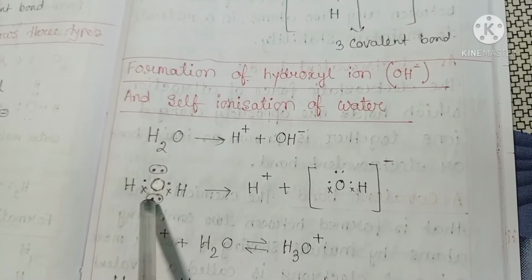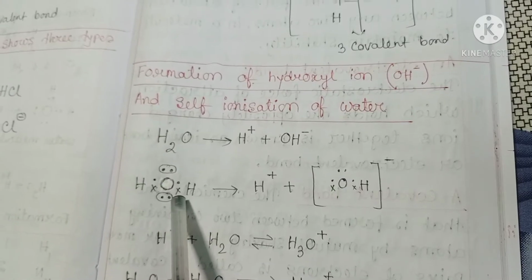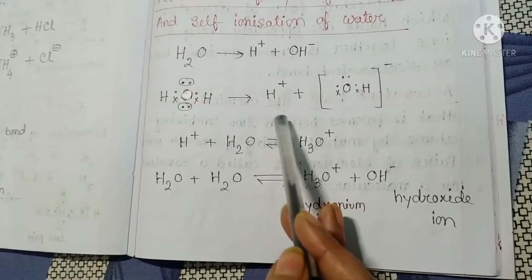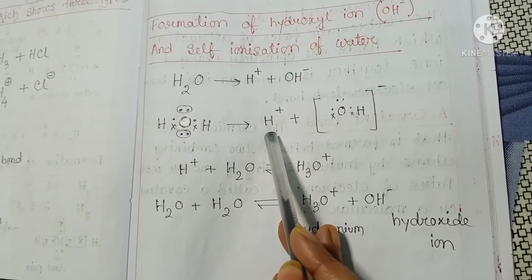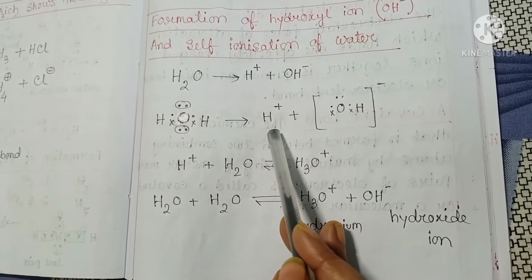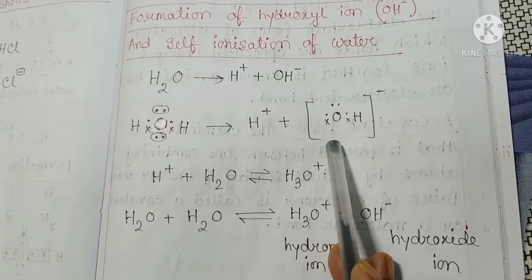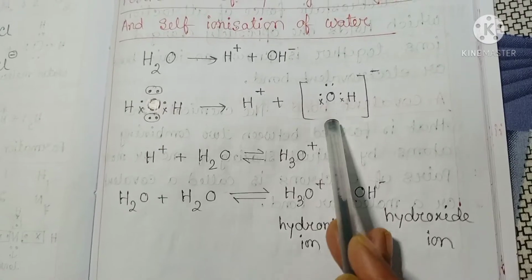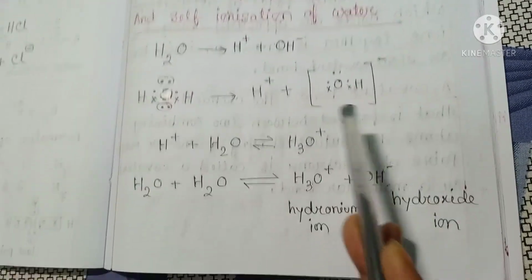Now the water molecule has two single covalent bonds and two lone pairs of electrons. When hydrogen is removed from the water molecule, the shared pair of electrons remains with oxygen as oxygen is more electronegative, and thus the hydroxyl ion has a negative charge.